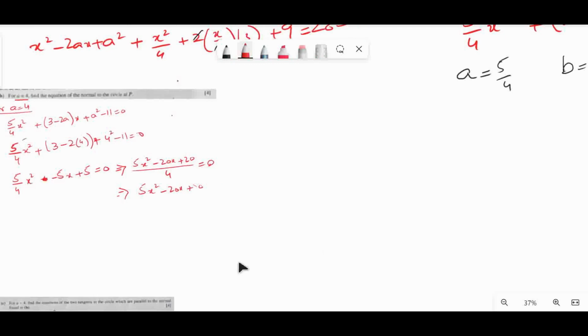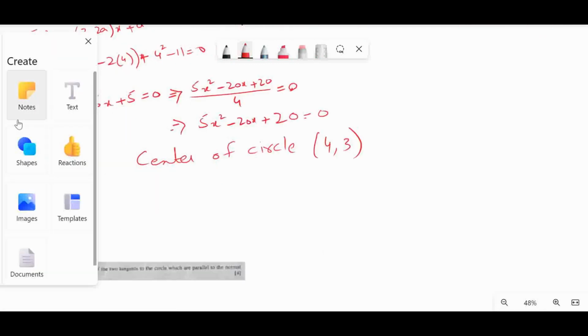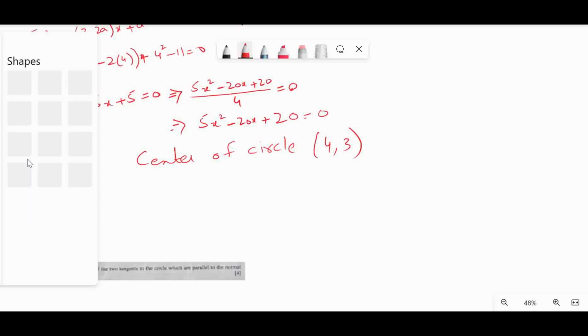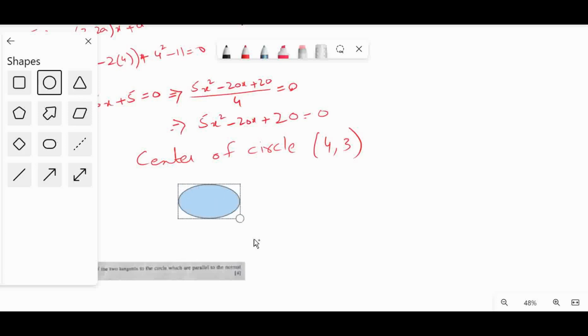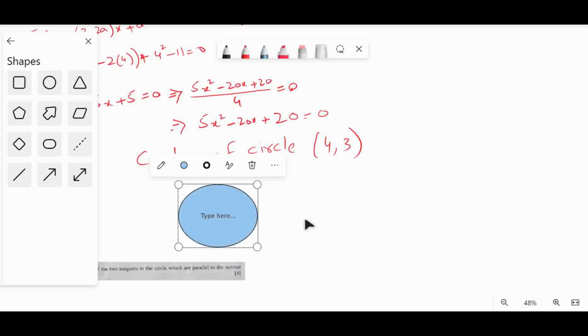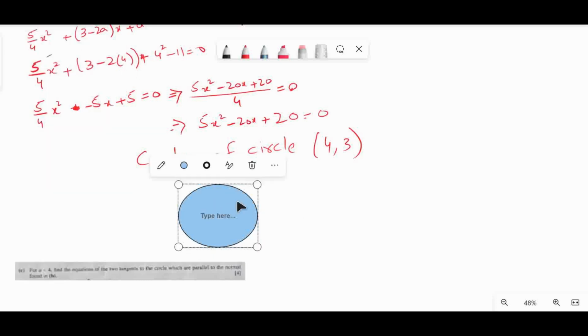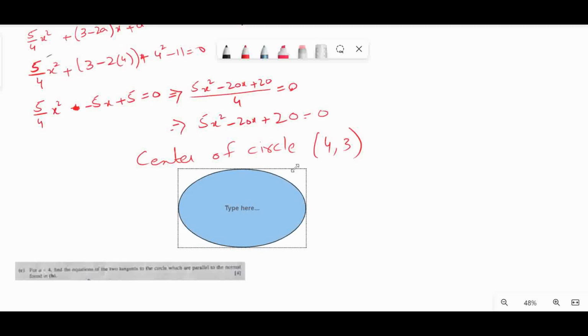Now we can say that the center is 4 and 3. So now let's see what was the case over here. Let's say we have a circle whose center is 4 and 3.